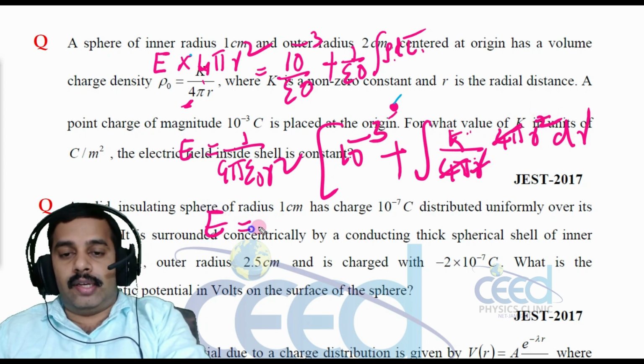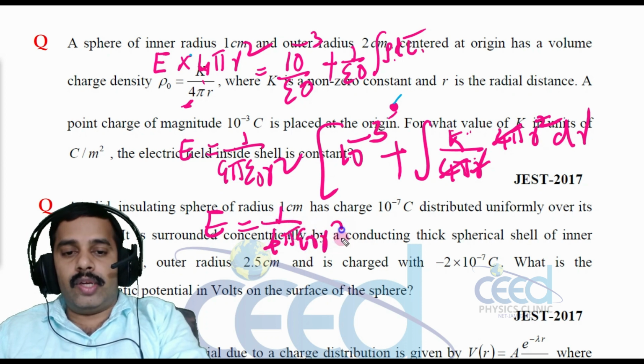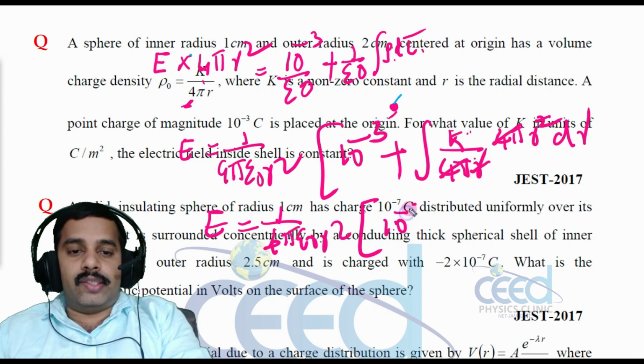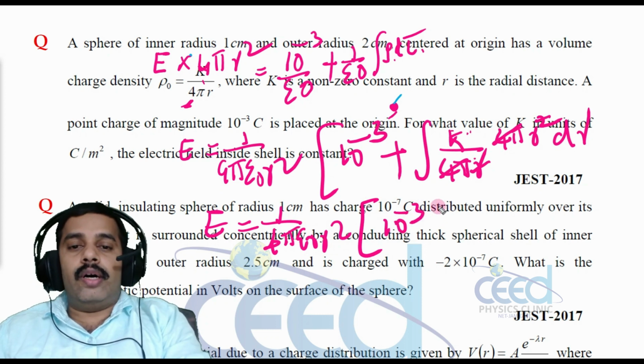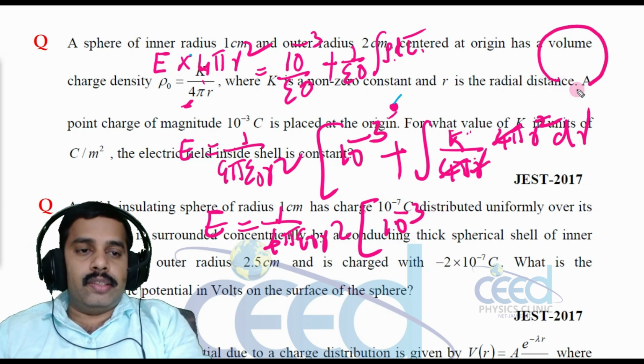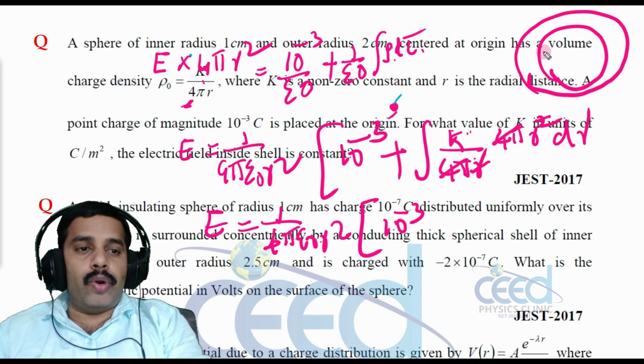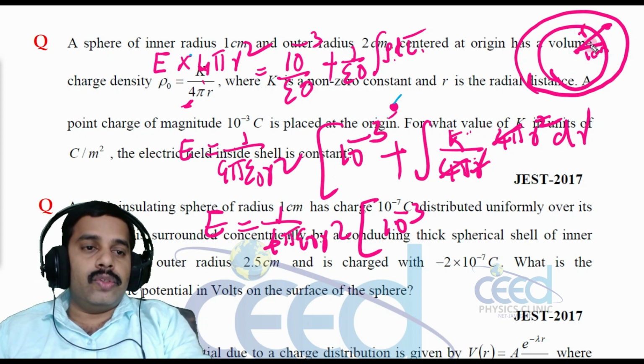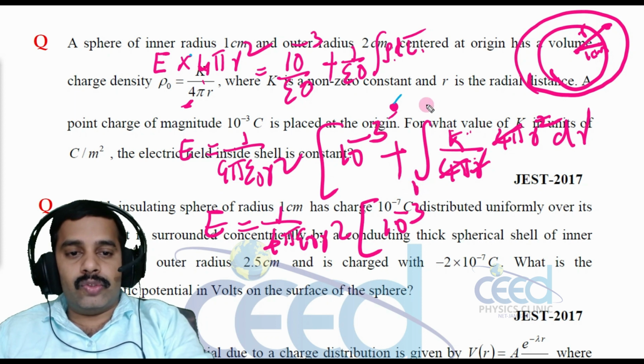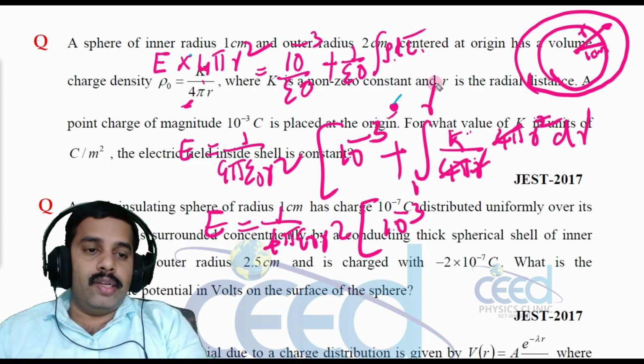That is E is equal to 1 by 4 pi epsilon 0 r square, 10 raised to minus 3. And now we have to apply the limit, right? So this is my point here, and this volume charge density is varying from 1 centimeter to r. So this is 1 to r, dr is varying from 1 to r.